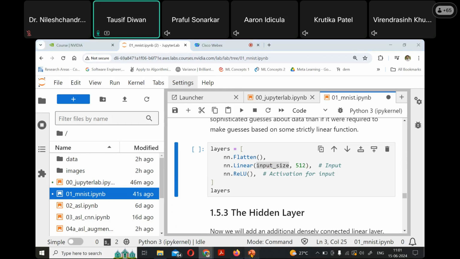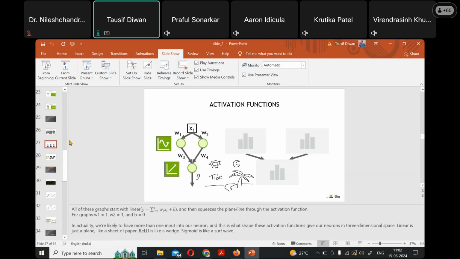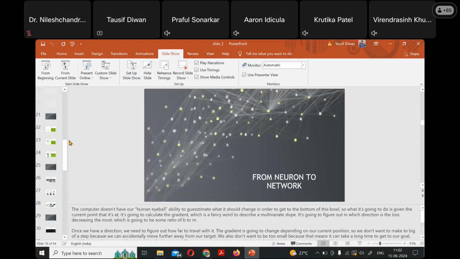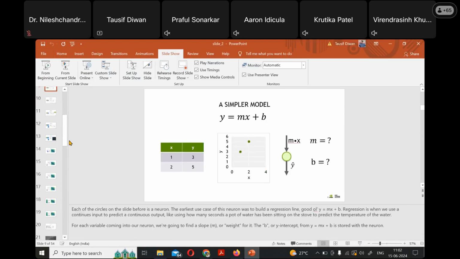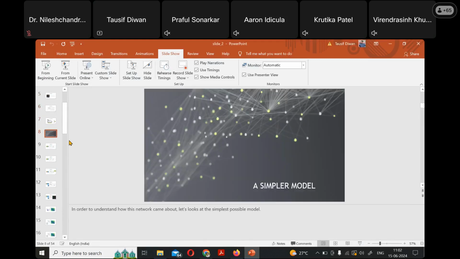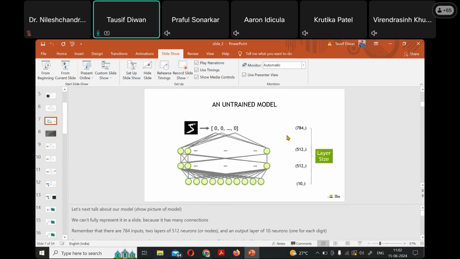So 784 values are there in input, and 512 neurons are there in the output.